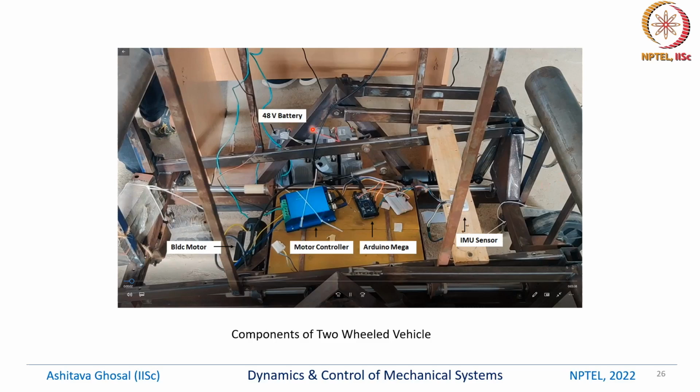There is a 48 volts battery, then the motor controller, then this Arduino board, then this BLDC motor, and then there is an IMU sensor, which will see how this platform is tilting. Okay, so it is like a self-balancing system. That is what we want. If it is tilting forward, it should move the battery such that the tilt is counteracted.